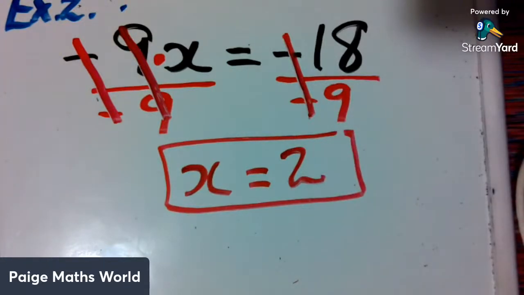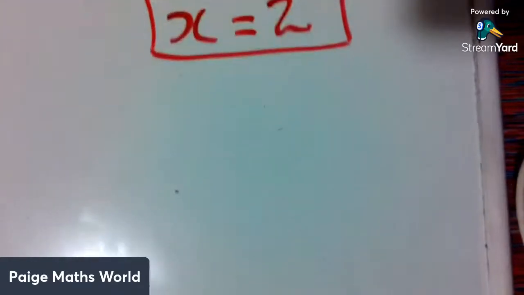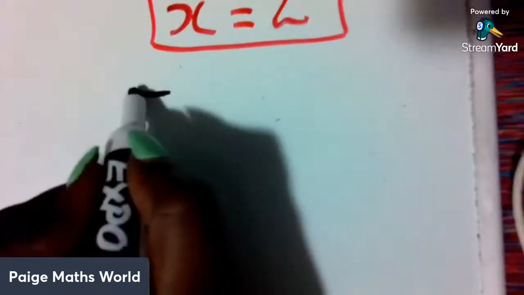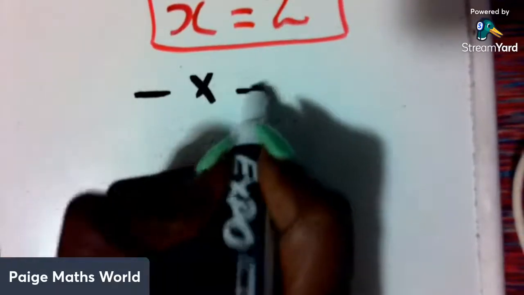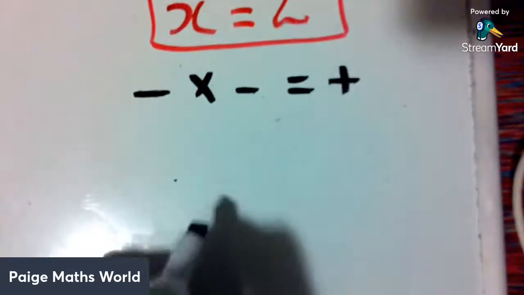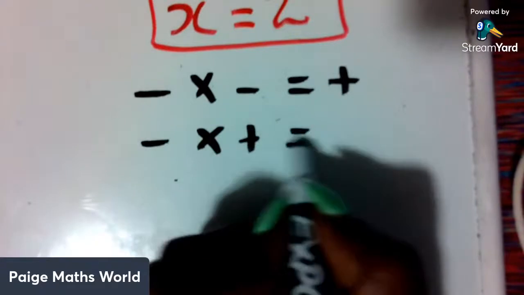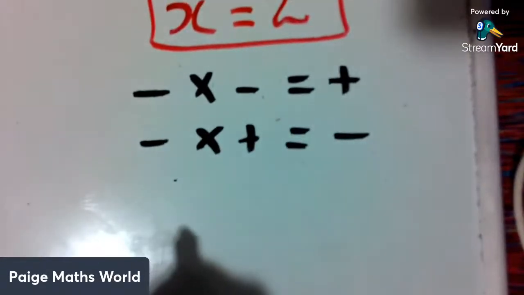I want those of you who are in here doing an exam, or about to do an exam, to remember the rules. If you're multiplying, negative times negative is going to be a positive answer. If you're multiplying a negative times a positive, it's going to be a negative answer, right?